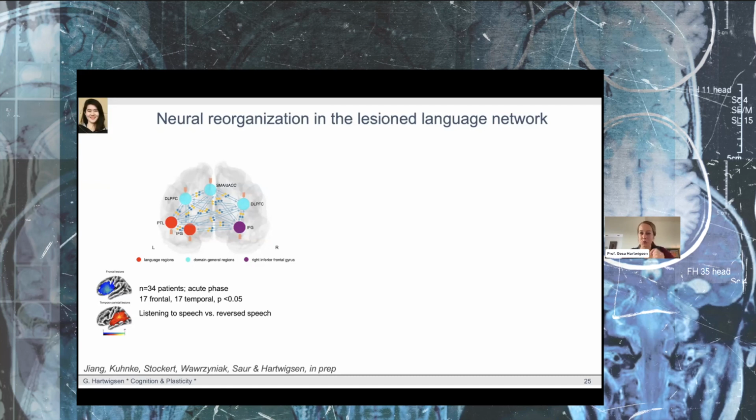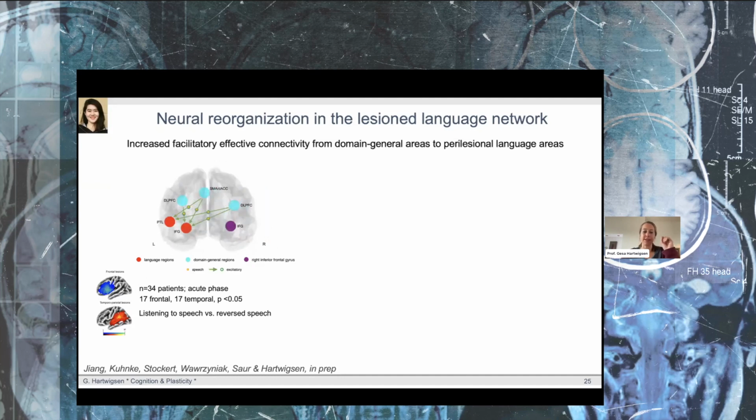And I want to focus on a very first finding that I found very interesting and intriguing. So this is the winning model, the most likely model that explains the connectivity early after stroke, namely in the acute phase, that is in the first days after stroke.